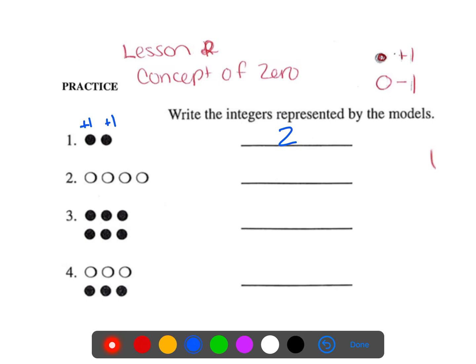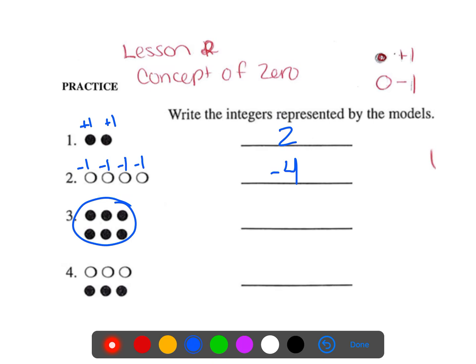The open circles are negative 1, so here we have negative 1 for each of these 4. Each of those 4, so we combine those to get negative 4. And hopefully you're kind of seeing the idea with these. These are the easier examples where we're just combining quantities.